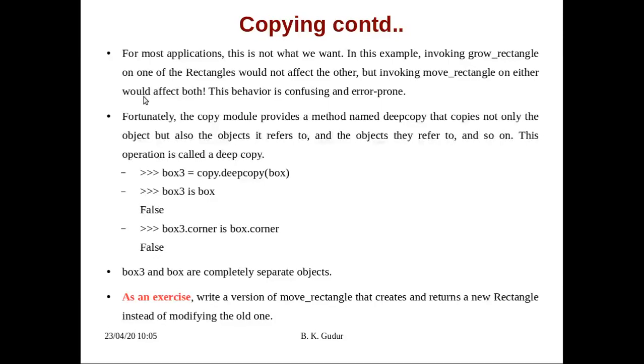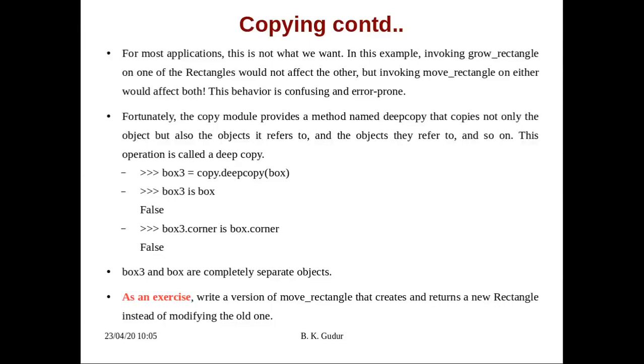So remember one thing: after copying this, when we invoke grow rectangle on one rectangle, it will not affect the other, because grow rectangle is going to add to width and to height. Whatever that number is, it will be added to width and height.